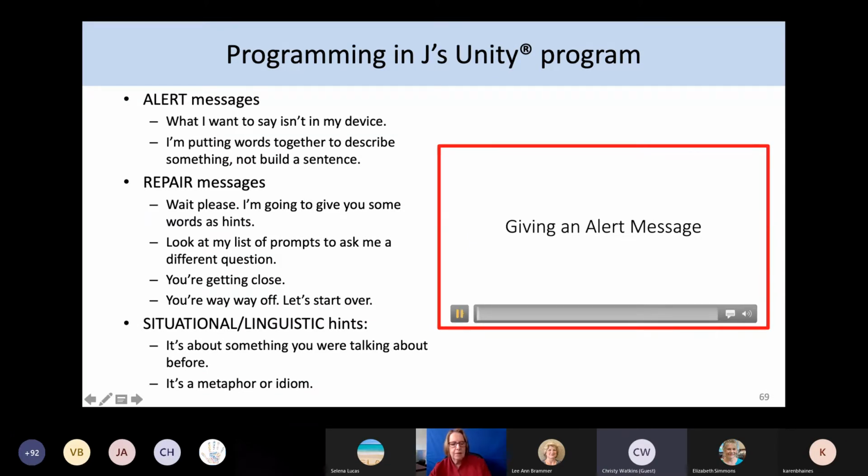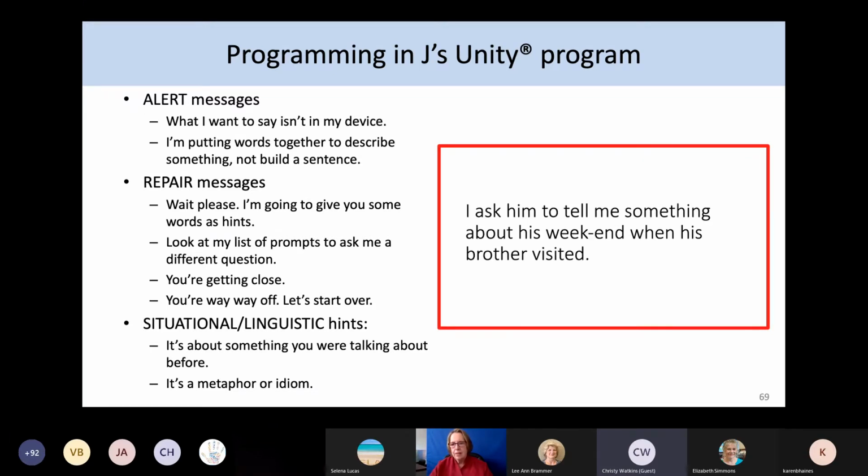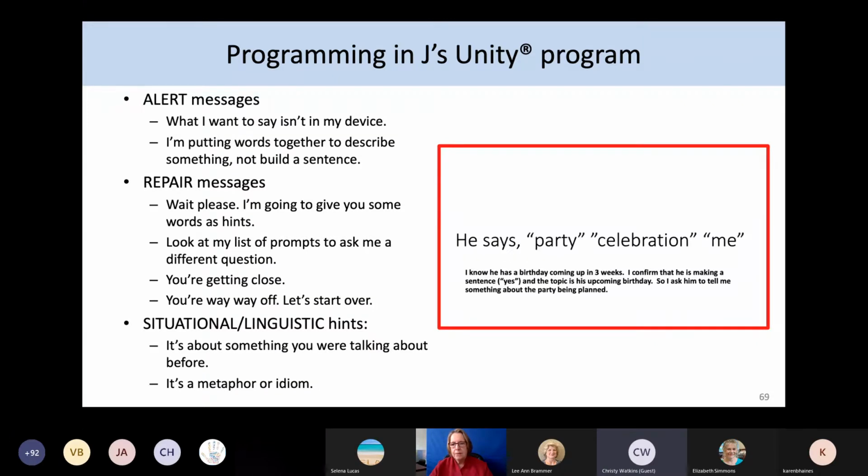Here's an adult who's using an alert message as part of his descriptive talking strategies. I ask him to tell me something about his weekend when his brother visited. He says, party, celebration, me.